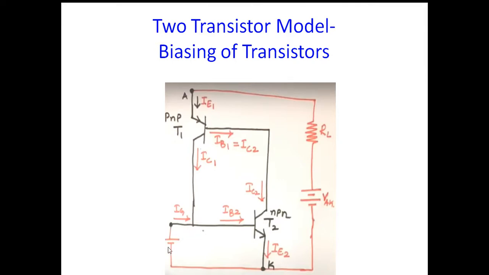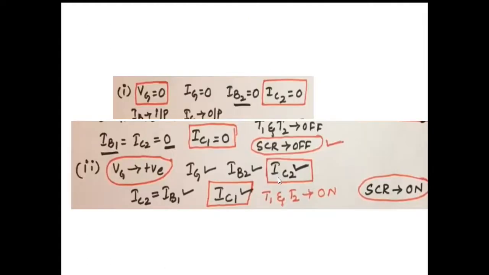The gate signal is applied with this circuit. Once the gate voltage is increased, the current flows through the device. That current flows through the base terminal of transistor 2. So the analogy will be explained in two modes.